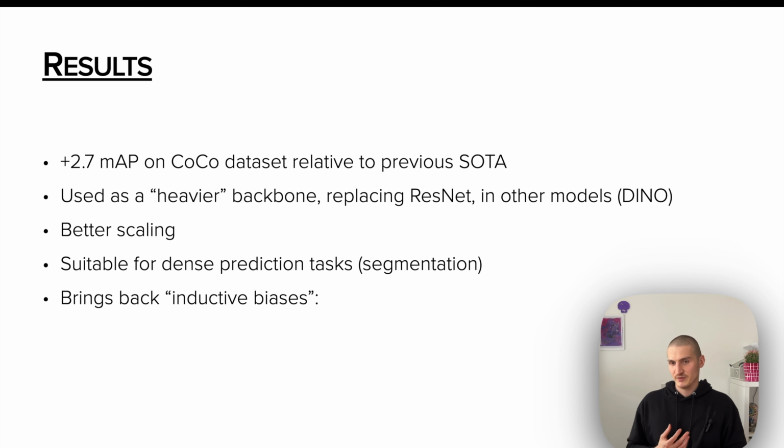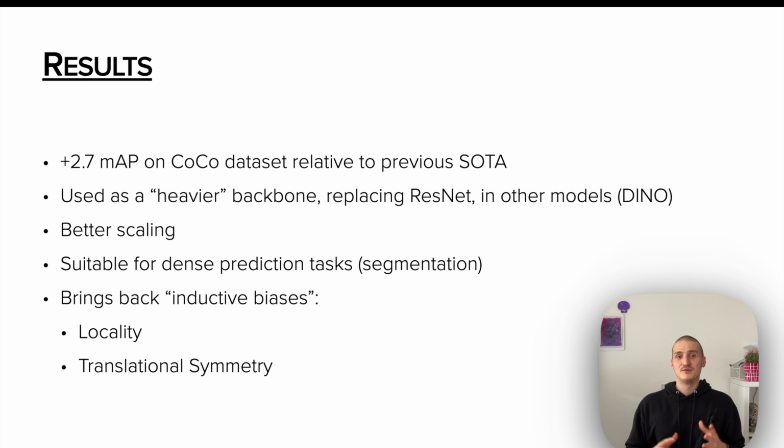However, if we compare that to ViT, one of the philosophical principles of ViT was that we want to remove the inductive bias that we've added to our models. We talked a lot about that in one of my previous videos about ViT, and this is also what the authors of ViT talk about in the paper.